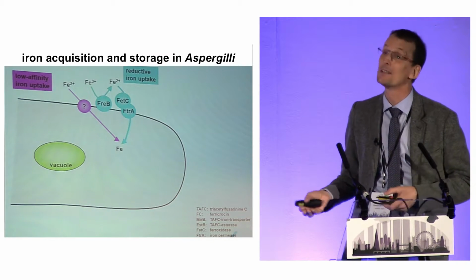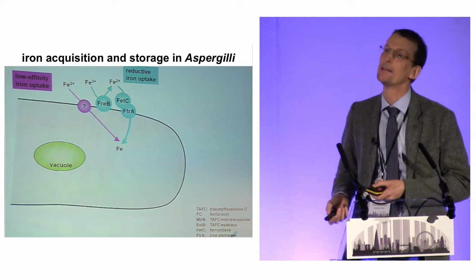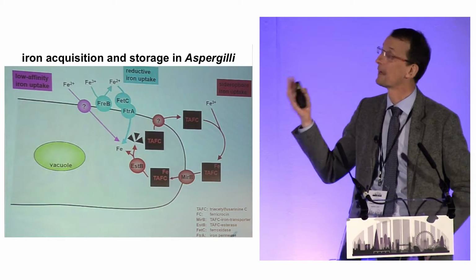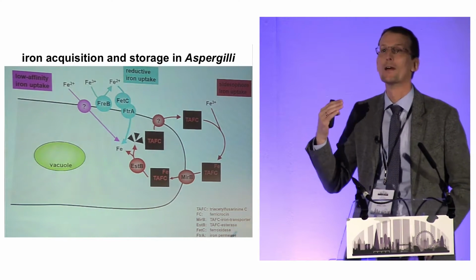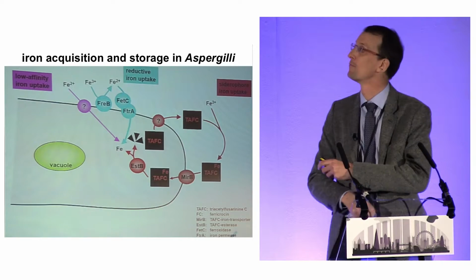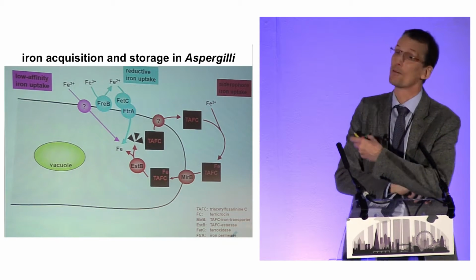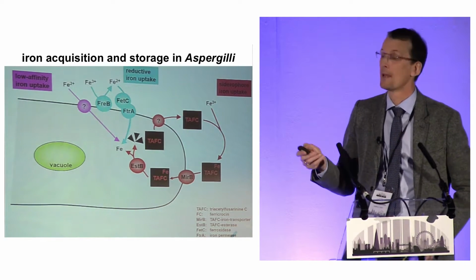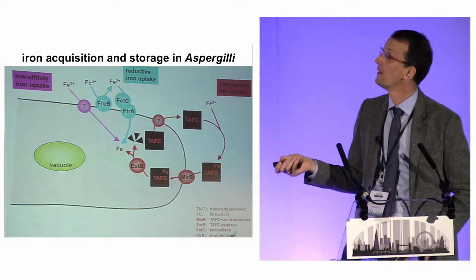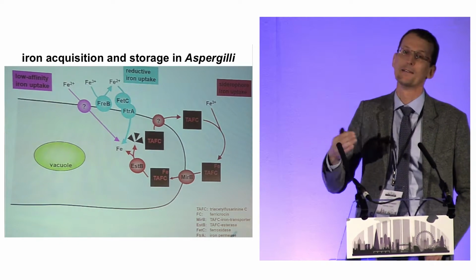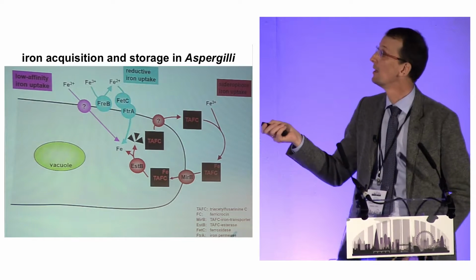There are different mechanisms involved, but the main mechanism for acquiring iron by the pathogen, and that is what has been shown, is the siderophore iron uptake, which is a specific mechanism where the pathogen synthesizes iron-chelating molecules.